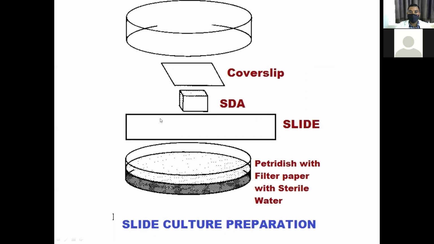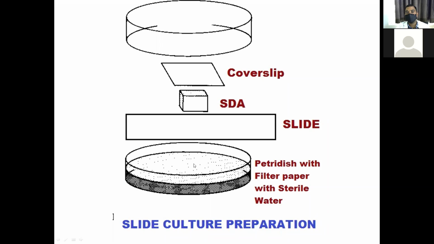First, take a sterile slide, cut the Sabouraud dextrose agar media with a sterile blade into a 7 mm block, and heat the cover slip and place it on the agar block. On all four sides you inoculate the growth.